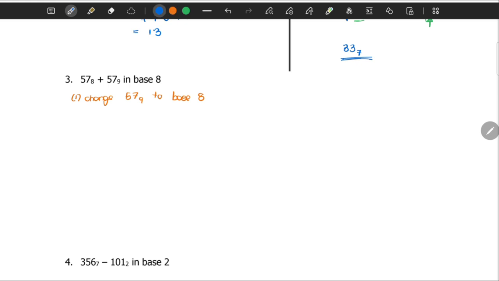So how to go about that? You do 57 base 9 to base 10 first, and then to base 8.